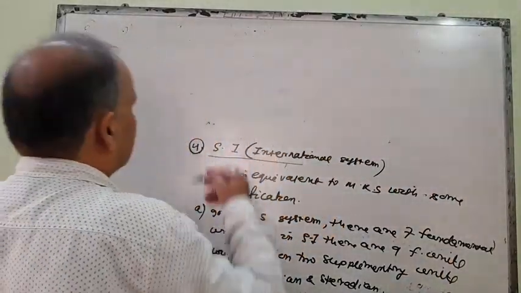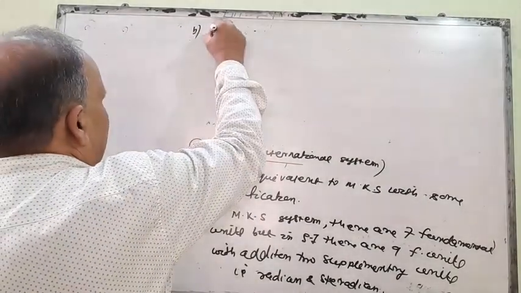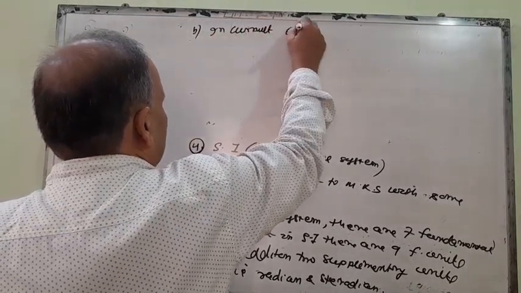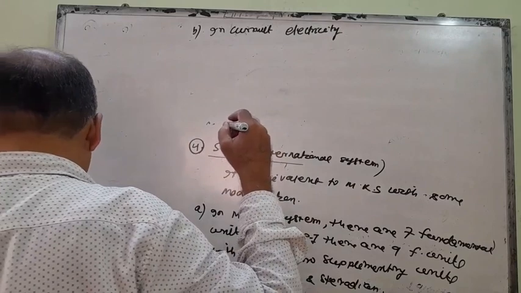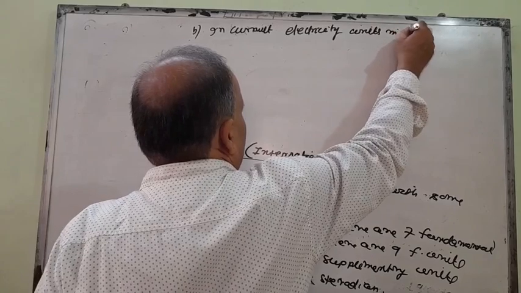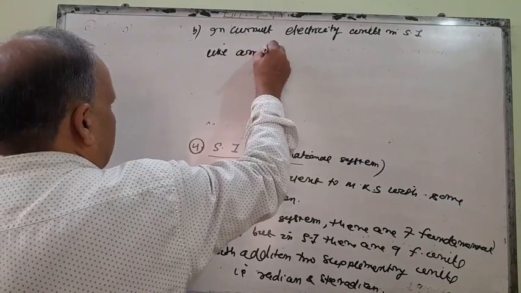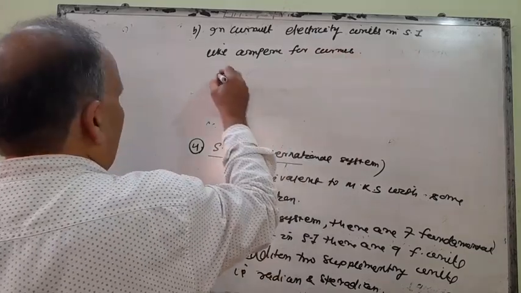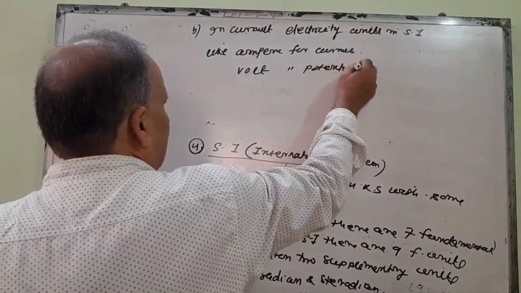Your second difference is in current electricity. Units in SI like ampere for current, volt for potential are introduced in SI.